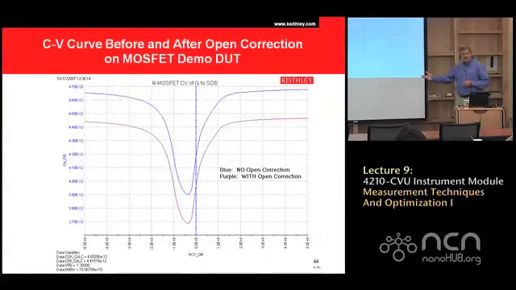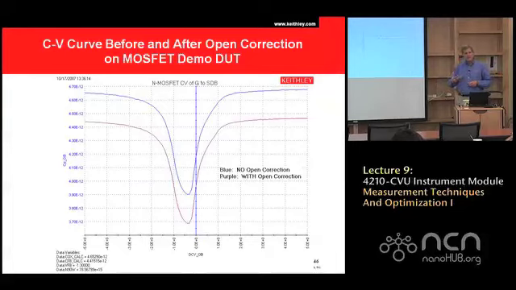But as you can see here, just because I didn't measure high frequency correctly to begin with, I actually have 170 femtofarads. This device would, if I were doing that technique, show me I've got probably 10 to the 11th or 10 to the 12th interface traps in this device. It's all just measurement error.